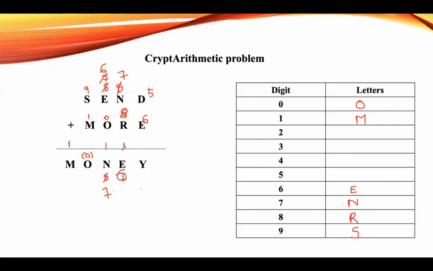Even though we got a carry here, we can't assign 1 to Y as 1 was already assigned to M. So let us go back, and instead of assigning 6 to E, let us try with 5. 5 plus carry gives you 6. And here the N value becomes 6.